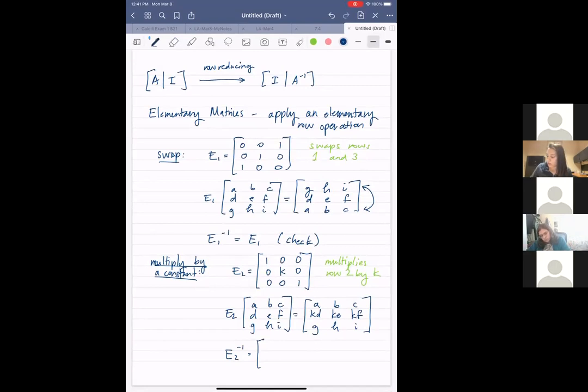The matrix that would undo this operation would be the one where we divide by k, essentially. So we multiply the second row by the constant 1 over k, right? I guess we should specify that the constant k is not equal to 0, right?